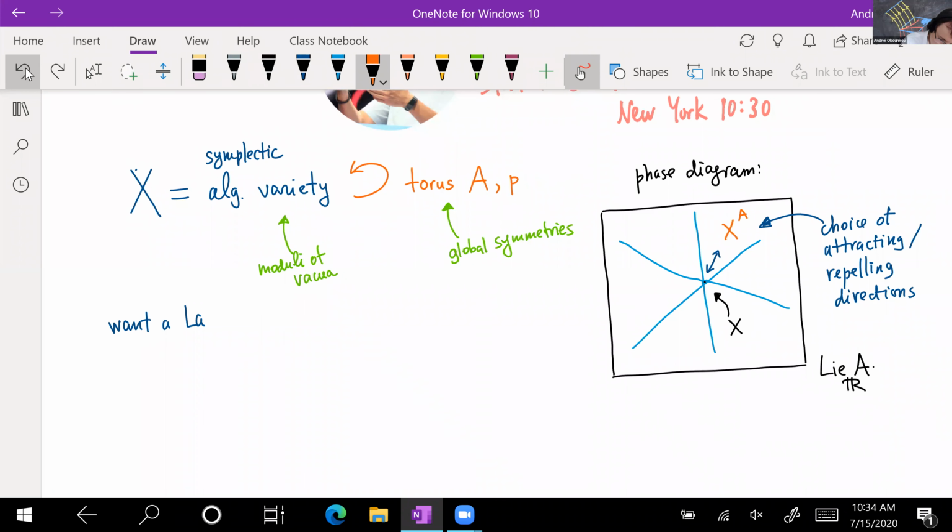Well, we'll remind you what the order was. If the closure of the attracting manifold of some component Fi contains Fj, then this means that Fj is less than Fi.